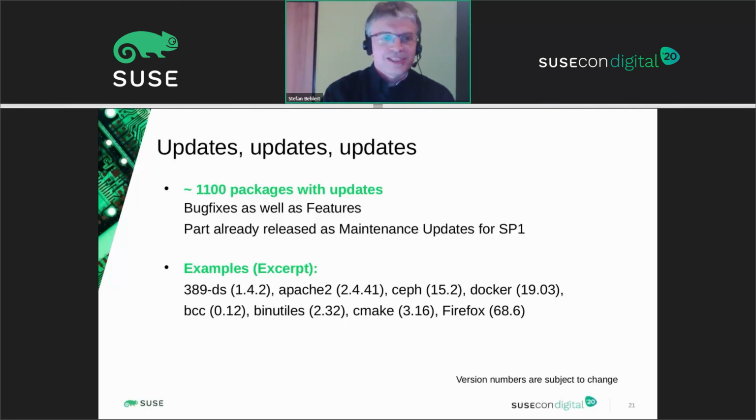Some examples you see at the bottom of the page. Be aware, we are still developing. We are in the RC phase, so only small changes are expected here, but nevertheless, the version numbers can still change. Please check the release notes for exact numbers when you're looking into it.